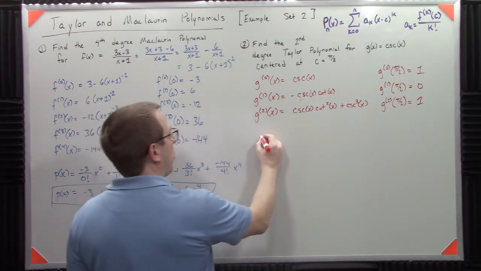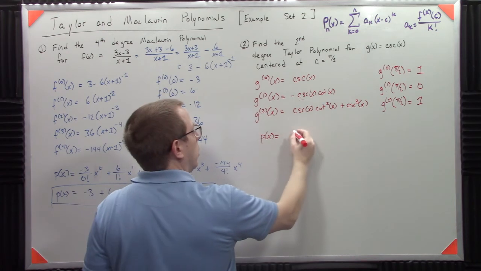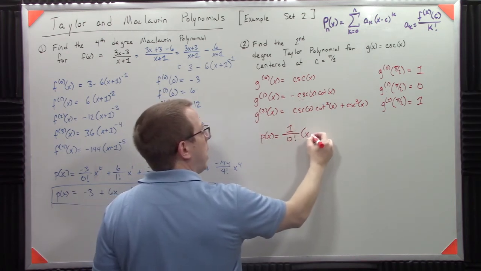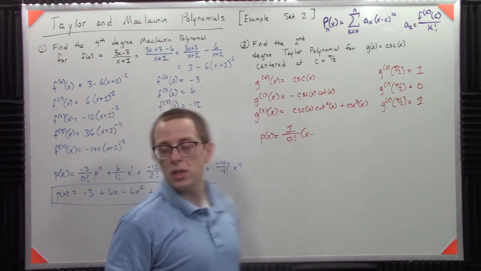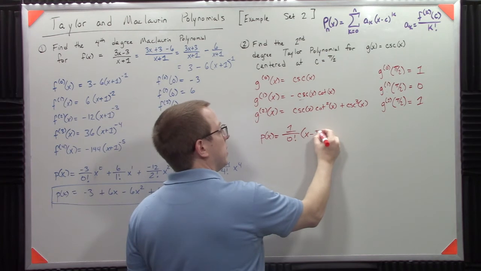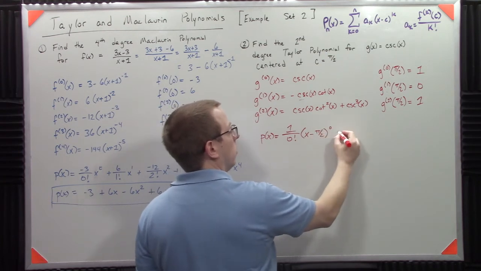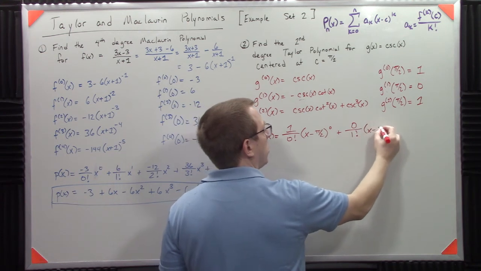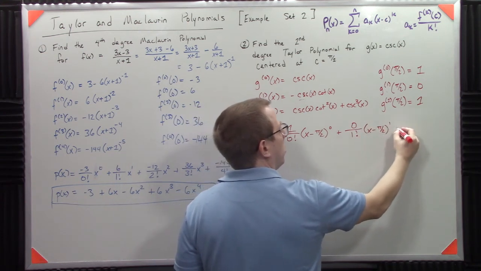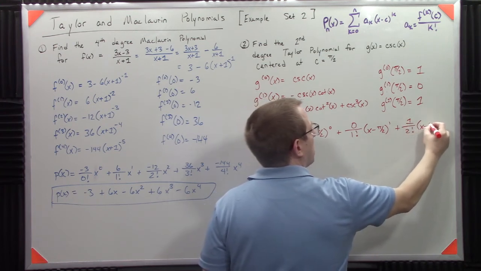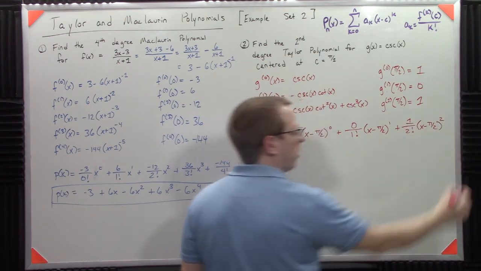So I have my polynomial is 1 over 0 factorial. Now, in this case, it's not just x to the 0, it's x minus the center to the 0. Plus 0 over 1 factorial x minus pi over 2 to the 1 plus 1 over 2 factorial x minus pi over 2 squared.